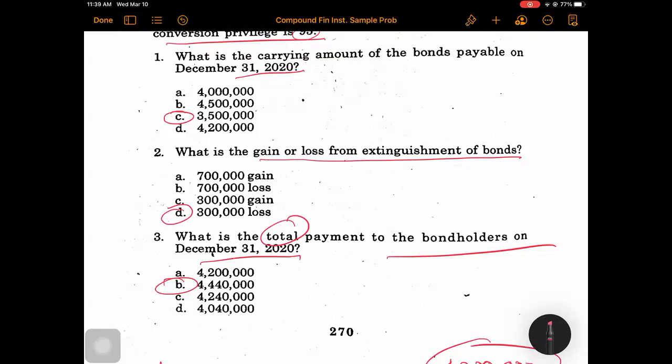Grabe, type 1 kung nakasabot. Hello, naay tao? Oy. Sige daw, type 1 kung nakasabot.